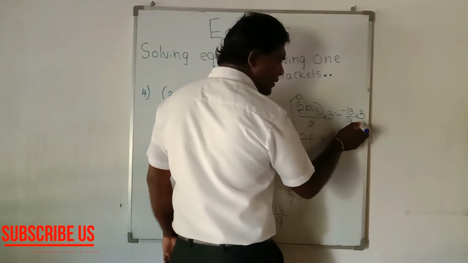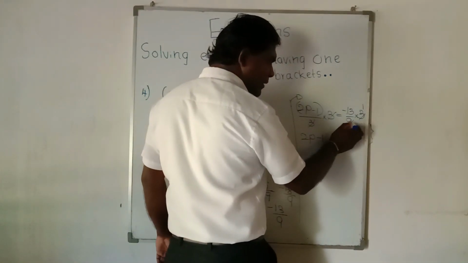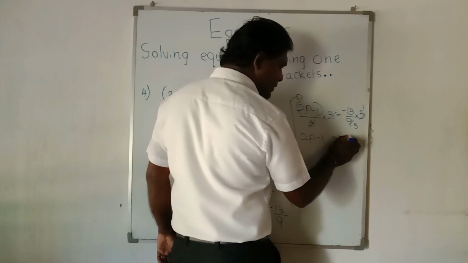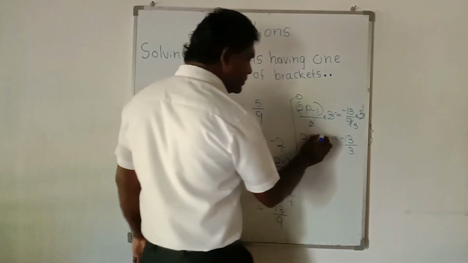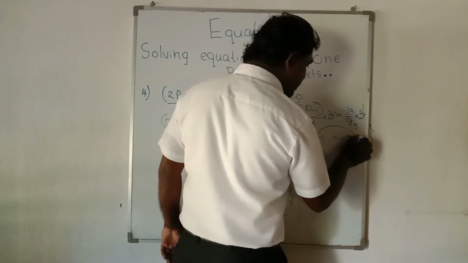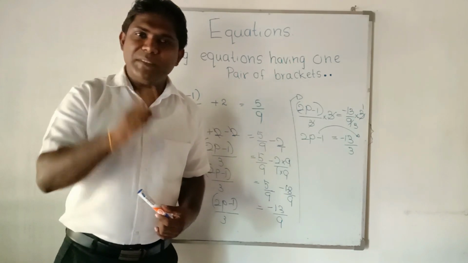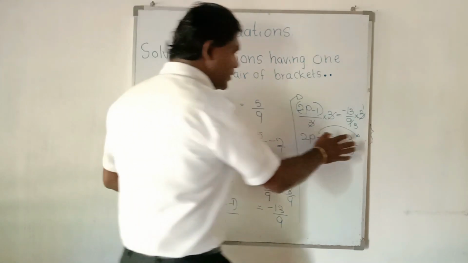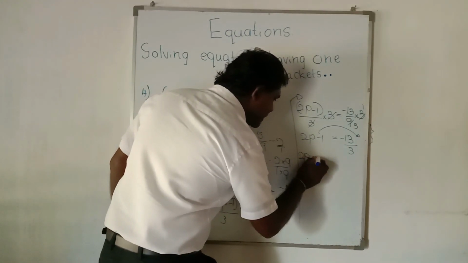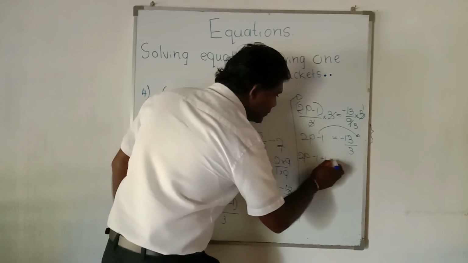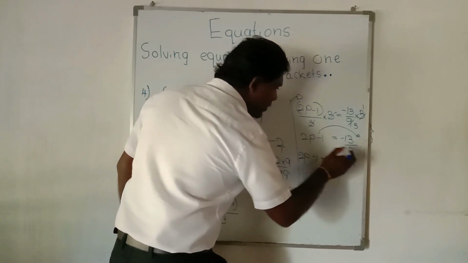equals, here you can see my dear student, by 3, 1 by 3, minus 13 upon 3. Then this minus 1, how to do? The opposite operation of minus 1 is addition 1. 2p subtraction 1 addition 1, minus 13 upon 3 addition 1.